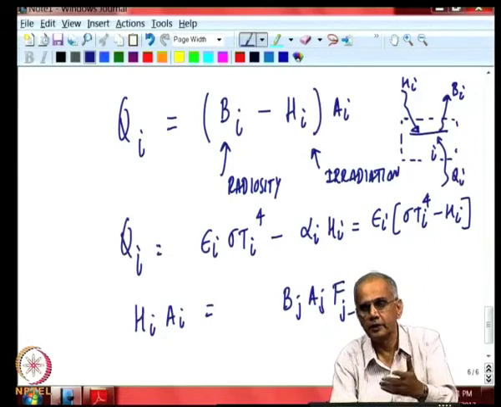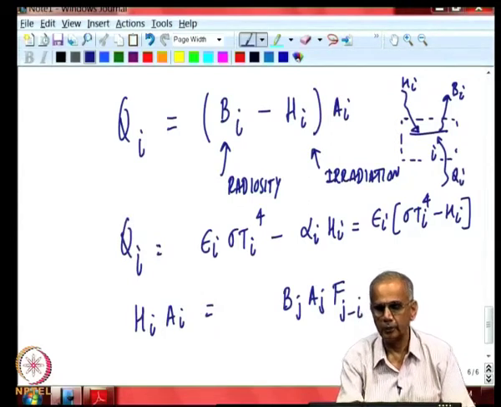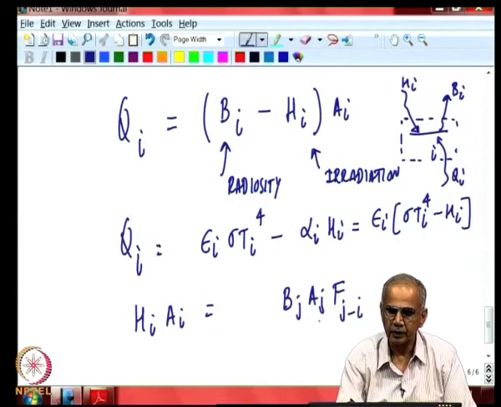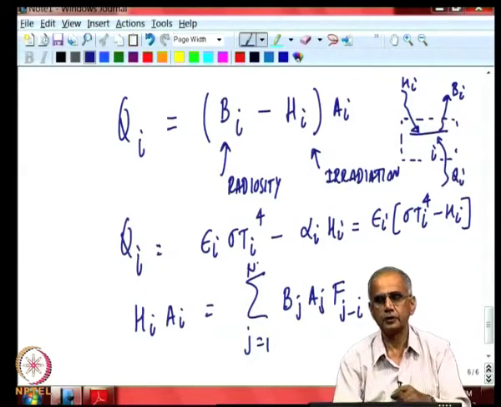So, radiosity is a convenient way to handle problems where there is both emission and reflection. So, it combines both. This is total energy leaving surface J times area of J, and this is the fraction arriving at surface I. Now, you have to sum over all surfaces J from 1 to n. That is your incoming radiation at surface I.